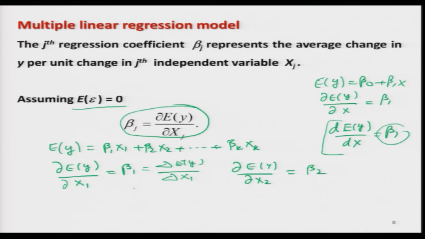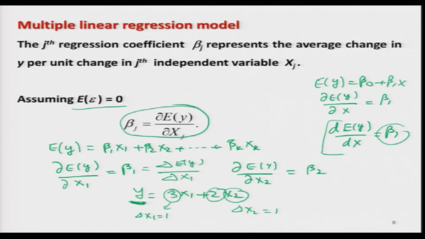So, if you have a model like y is equal to 3x1 plus 2x2, for example, suppose this is the fitted model you obtain. This indicates that the average value of y will increase by 3 units if there is a unit change in the value of x1, and similarly if there is a unit change in the value of x2, then the average change in the value of y will be 2 units.